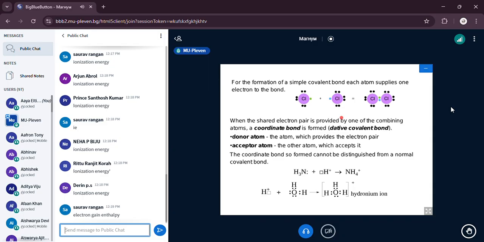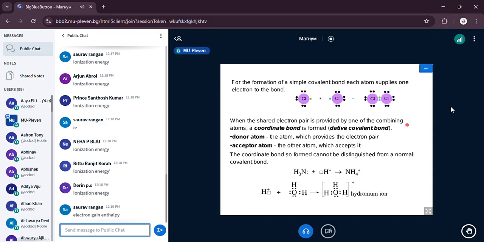So, in the common model of Lewis covalent bond, each atom supplies one electron, like here. Chlorine, one electron, second chlorine atom, another electron, and the electron pair is shared.